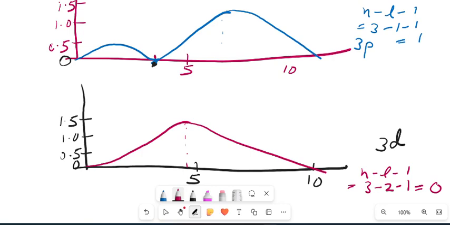Now, what is the most probable radius? The most probable radius is the distance r where the radial distribution function attains its maximum value.